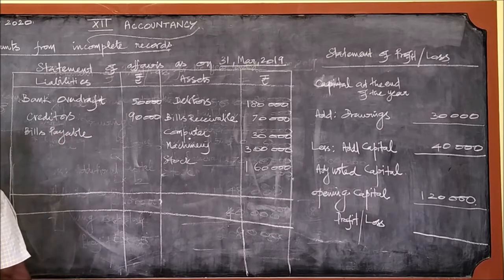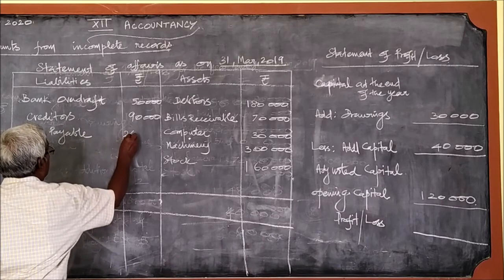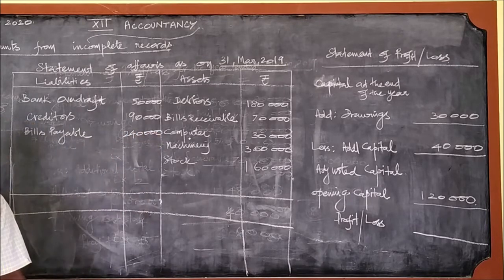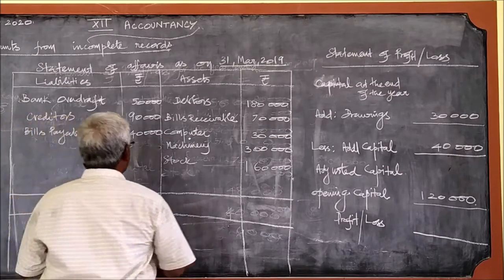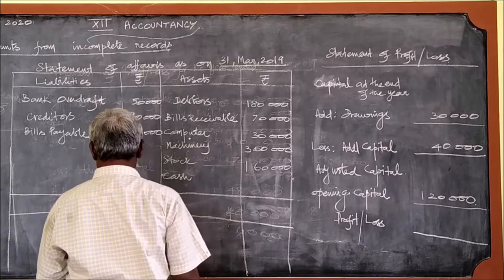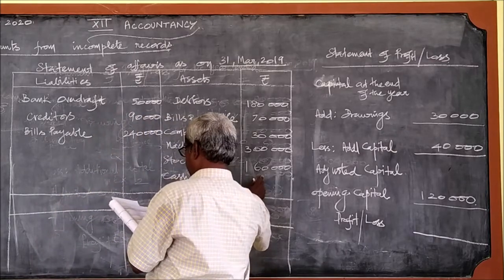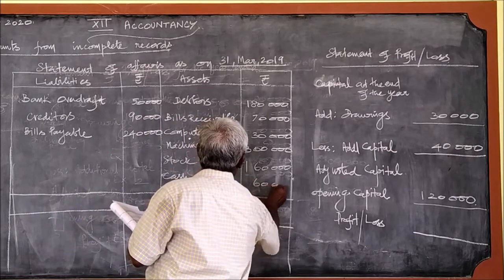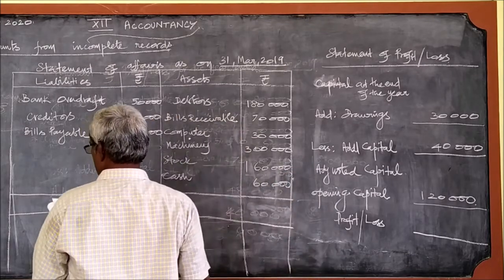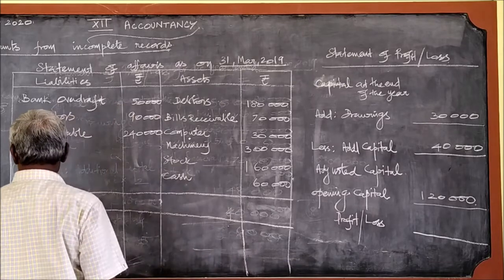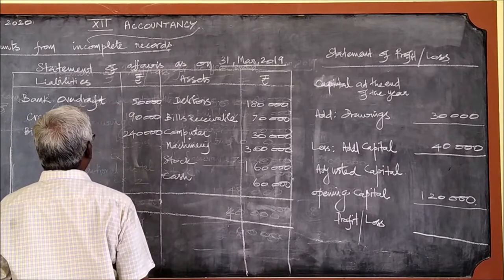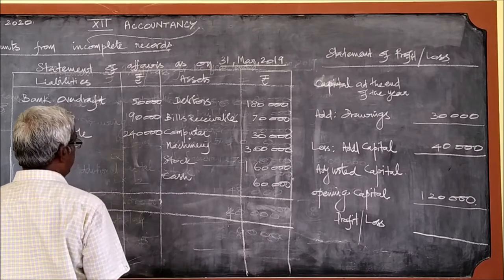Bills payable is also a liability, 2,40,000. Cash in hand is an asset. That is 60,000. Yes, we have recorded all the 9 items given here by dividing them as assets and liabilities.